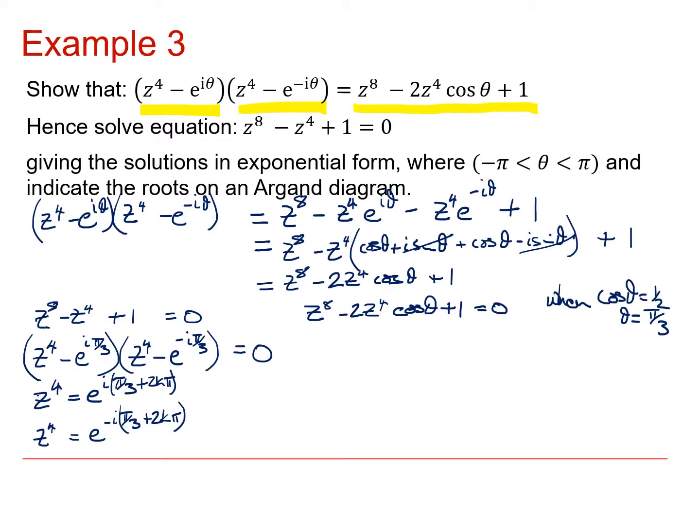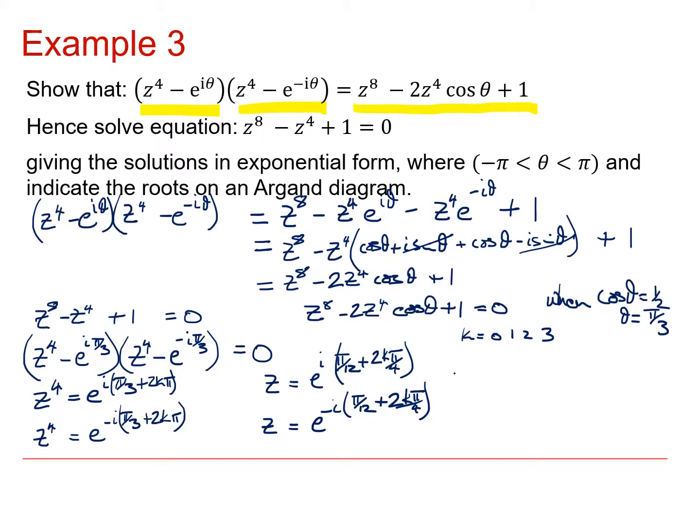And so now, finding my fourth roots in both cases, I'm going to get that z is equal to e to the i (pi by 12 plus 2k pi by 4), or z is equal to e to the minus i (pi by 12 plus 2k pi by 4). And my k values can be 0, 1, 2, or 3.